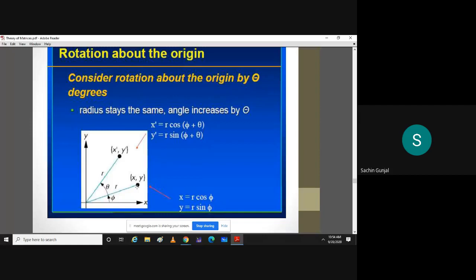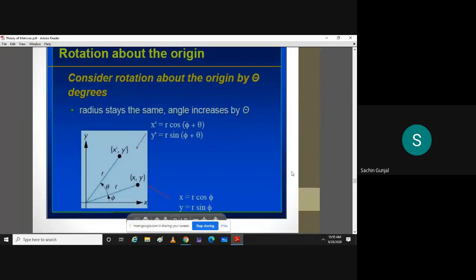If you draw a perpendicular from this point P on x-axis, you will have a triangle O, P and say Q. So this OQ distance is nothing but your x distance, isn't it?